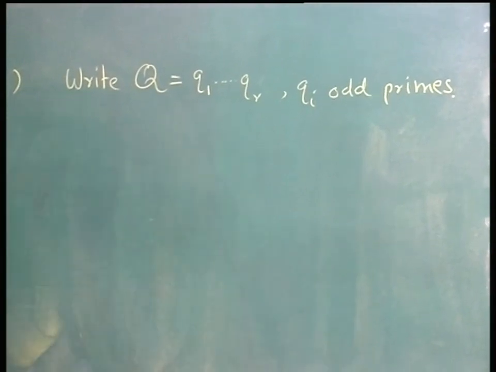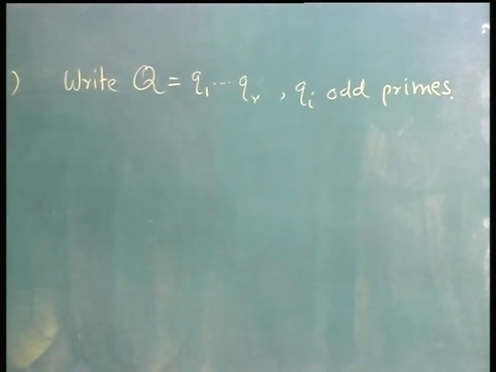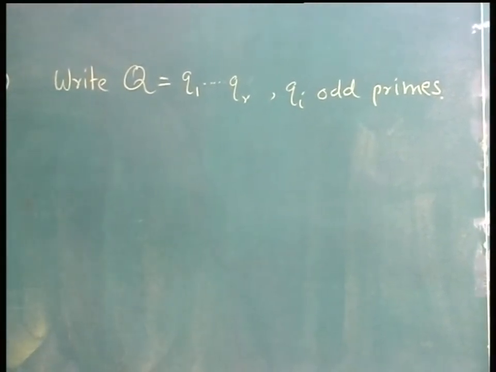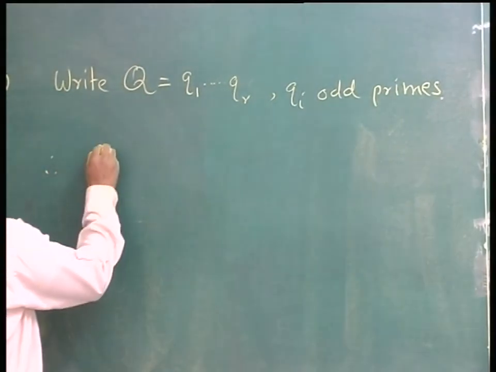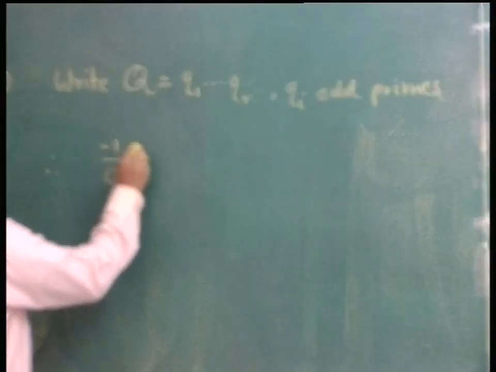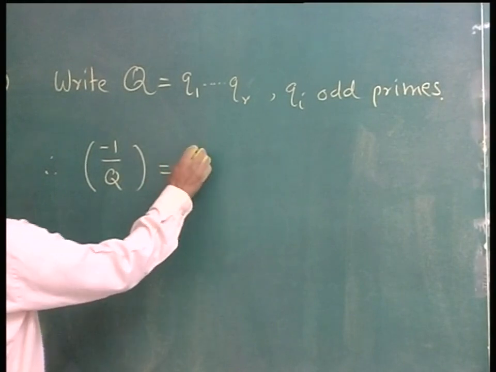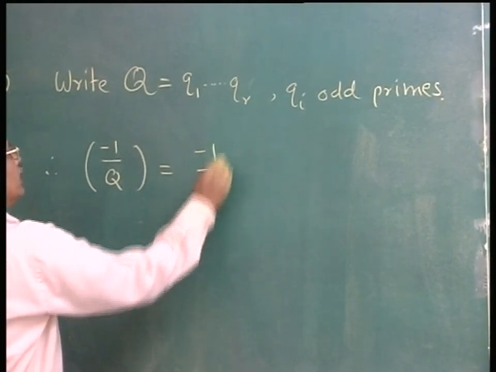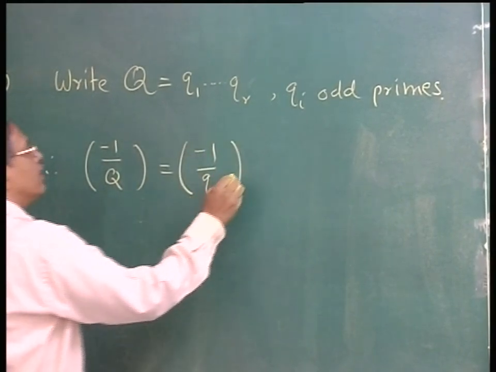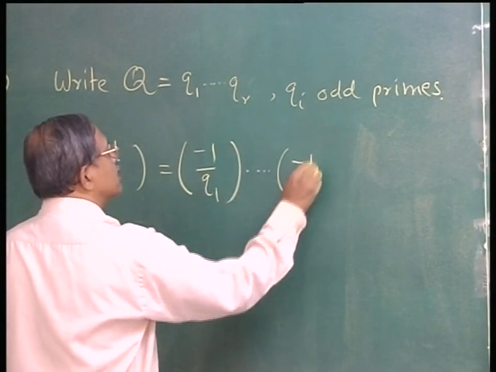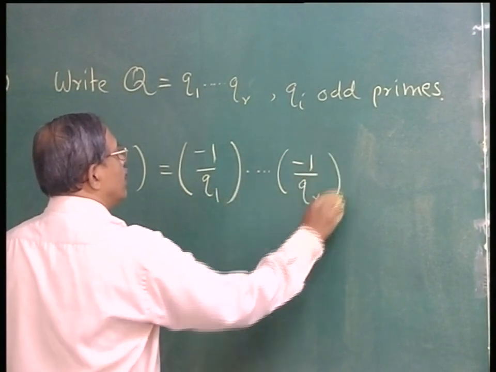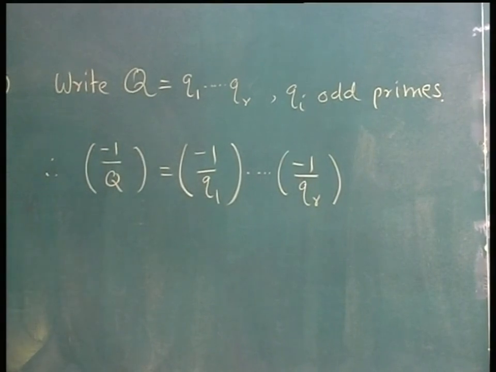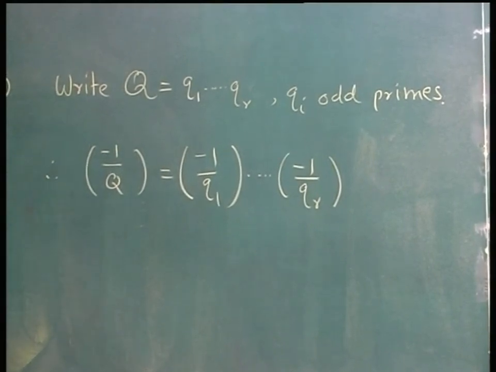They may or may not be distinct. Therefore, what is (-1/Q)? It is (-1/Q1) ... (-1/Qr), by the definition of the Jacobi symbol.